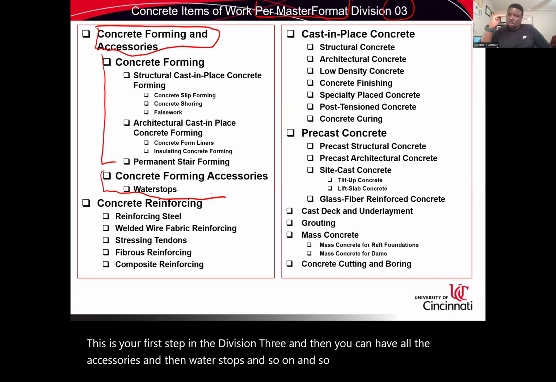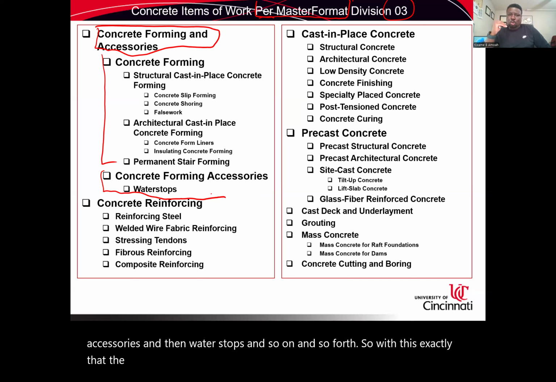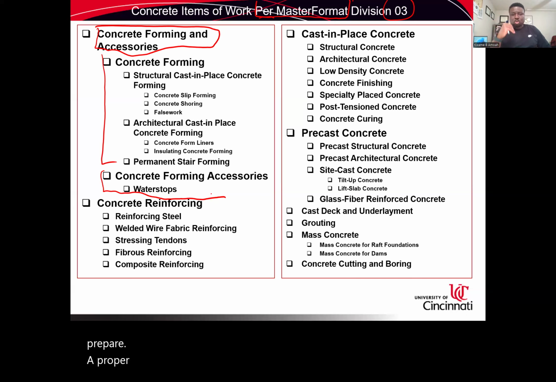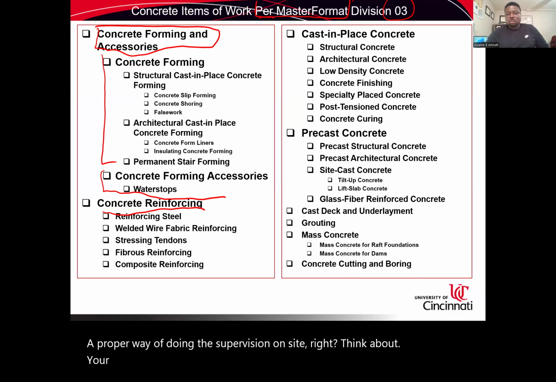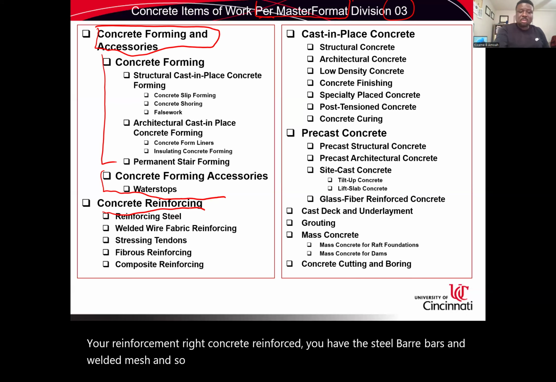So with this, you know exactly the sequence in which you can group your concrete elements so that you prepare a proper way of doing the supervision on site, right? Think about your reinforcement, right? Concrete reinforcement, you have the steel rebars and welded mesh and so on, pre-stressing tendons and all that.